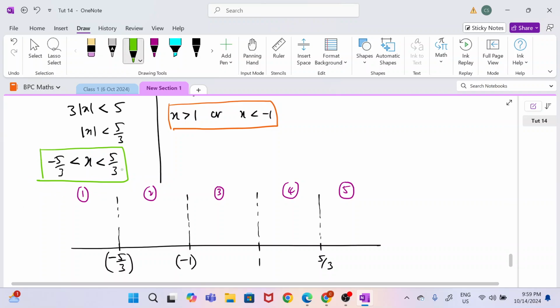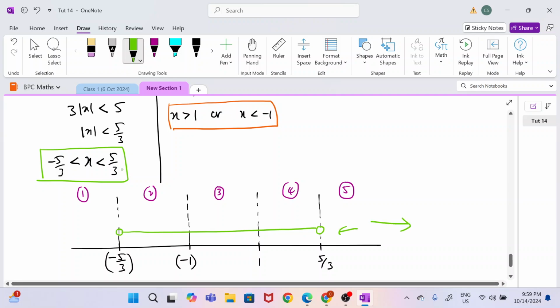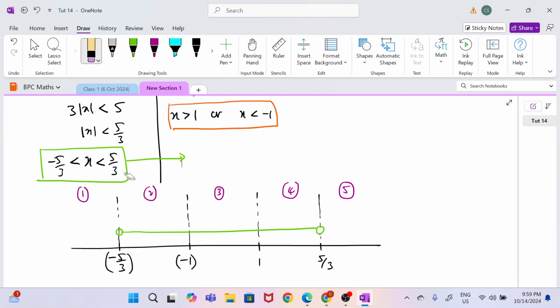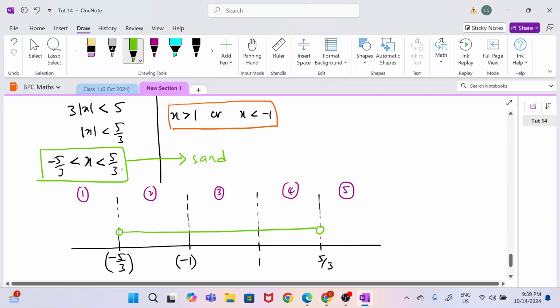For this one, there's no equal there, so I put a circle here and I put a circle here. You draw like this. There's no arrow. Arrow is only for inequality like this. Okay, for this type of inequality, I told you this type of inequality is what? Sandwich type inequality. Okay, sandwich type inequality, we draw the line like this.